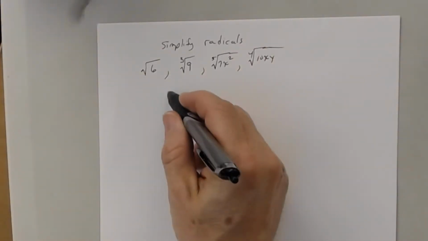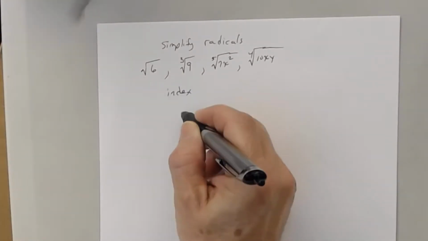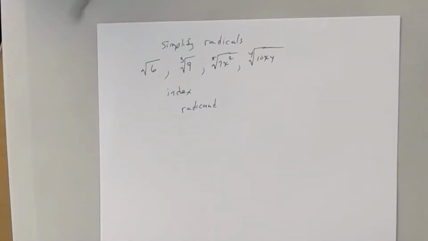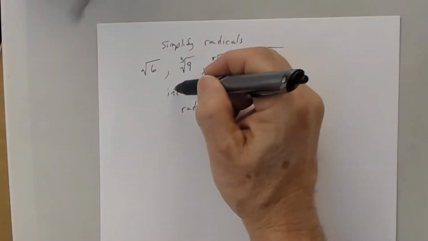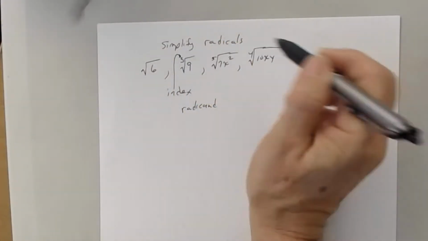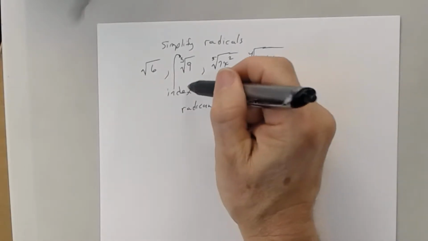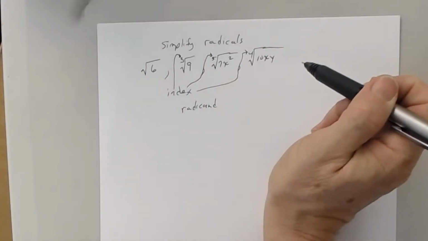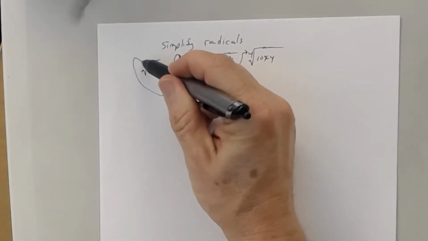So there's something called the index, and there's something called the radicand. Index and radicand. So when I talk about the index, the index is this number right here.